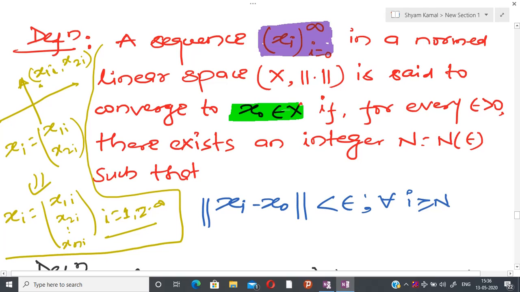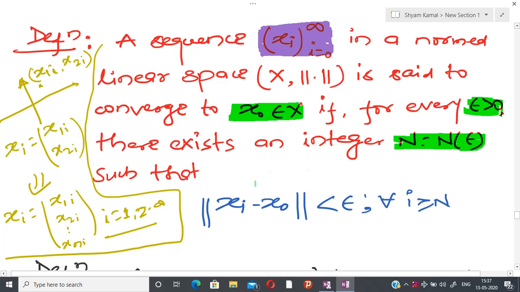some point x0. So x0 is the limit, and limit x0 means now I have x10, x20, up to xn0. So x0 is some kind of vector, because I am assuming that this space contains vectors as column vectors. The definition remains the same: for every epsilon there exists an integer, and that integer is a function of epsilon.